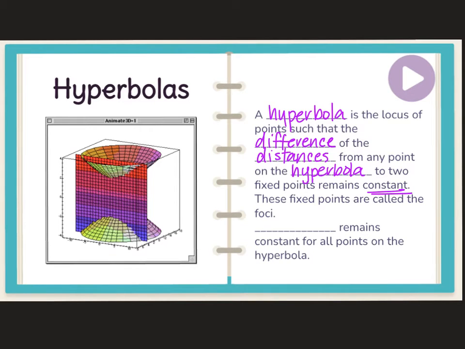These fixed points are called the foci. So keep in mind that d sub 1 minus d sub 2 remains constant.